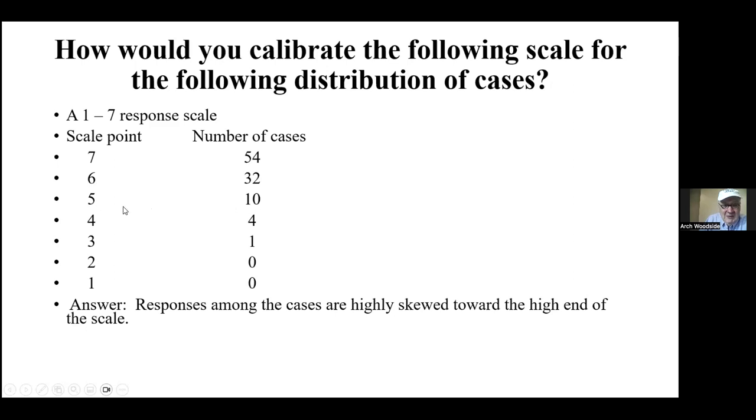And 10 said it was okay. And 4 said it was so-so. And only 1 said it was below average, below what it should be.